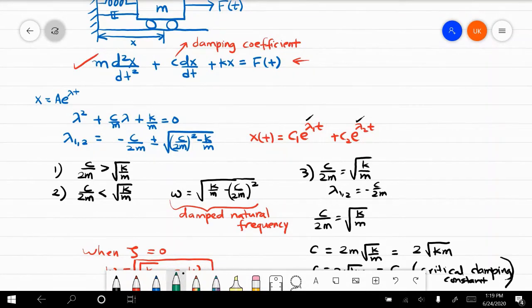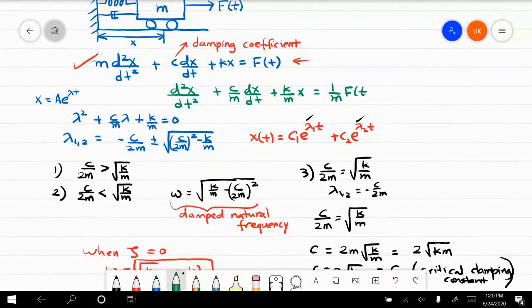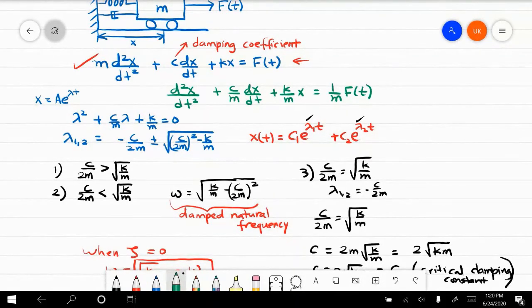Now I'm going to divide all the terms by mass, and that will give me the second derivative of position with respect to time plus C over m dx/dt plus k over m x equals 1 over m f(t). Our goal is to now write this equation in terms of zeta and omega n instead of c, m, and k.